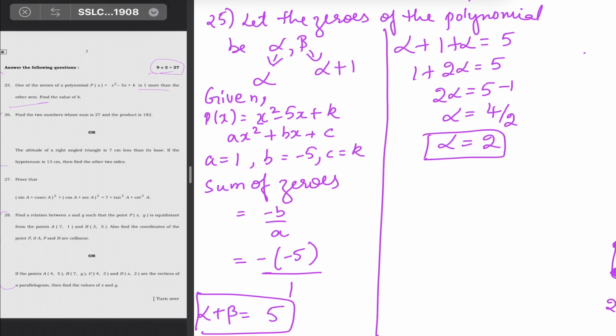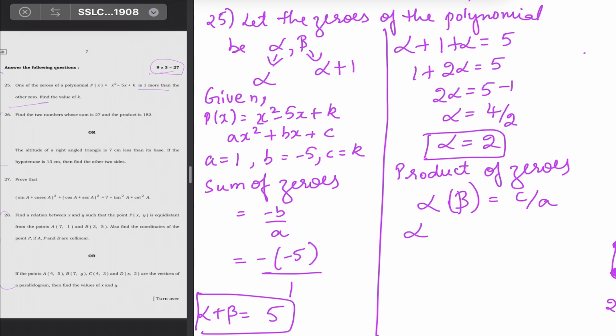In the same way, finding the product of zeros, alpha into beta is equal to c by a. Alpha is alpha, beta is 1 plus alpha is equal to, what is c? It is k, and a is 1, k divided by 1.